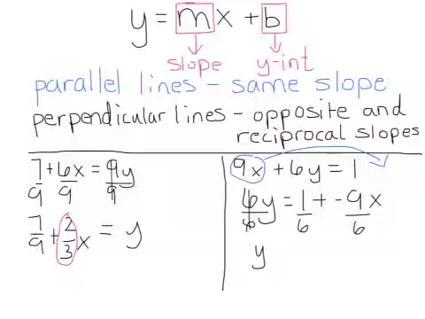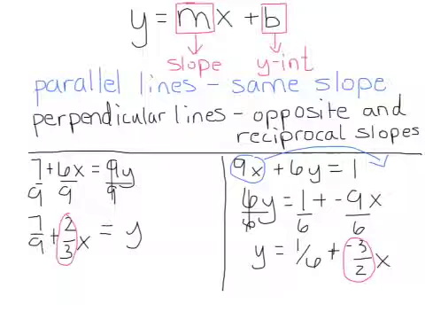So y equals 1/6 plus negative 9/6 x. But negative 9/6 will reduce. If I divide both 9 and 6 by 3, I get negative 3 over 2x. So the slope of my second equation is negative 3 over 2.